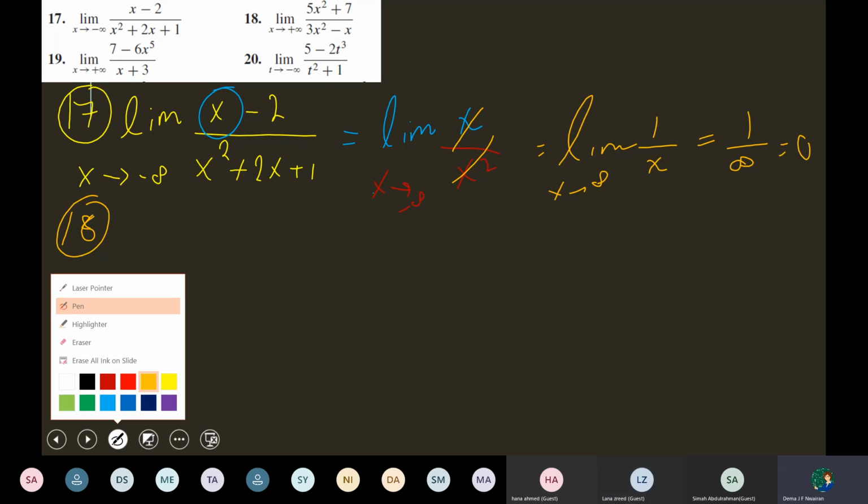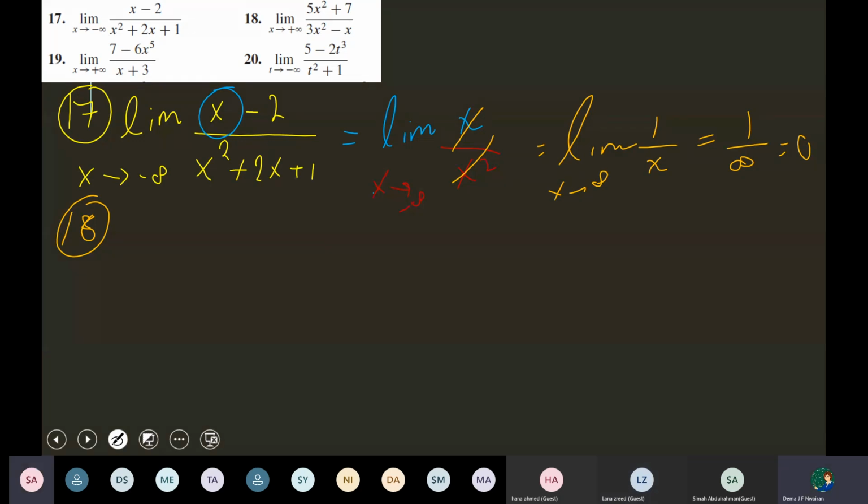Shahid Abdullah, grade 12. Yes, teacher. Here, Shahid, I have limit 5x squared plus 7 over 3x squared minus x when x approaches infinity.